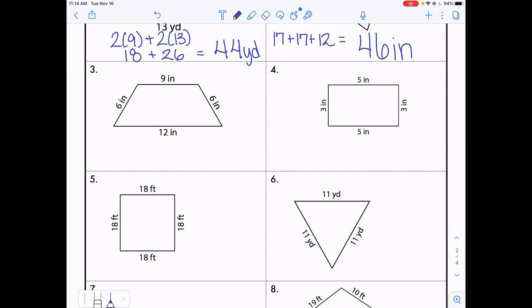Just add over there. 6 plus 9. 13. 15. 21. 33. I don't get it. You should add up all the sides. Oh, 6. 16.